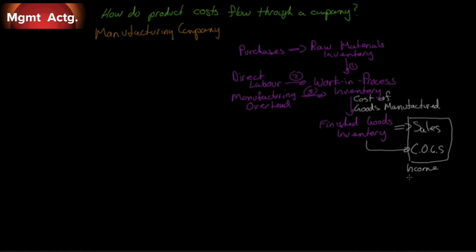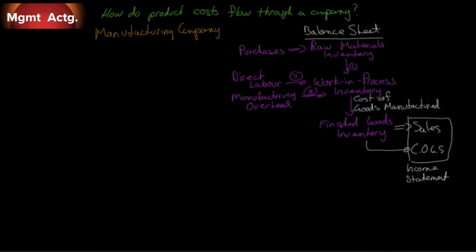So we're going to sort of show the adjustments all the way down from purchases right to cost of goods sold, how we figured out everything. Notice that all of these are balance sheet accounts. In other words, from the time we buy something, it starts on the balance sheet. It does not leave the balance sheet until it is sold.